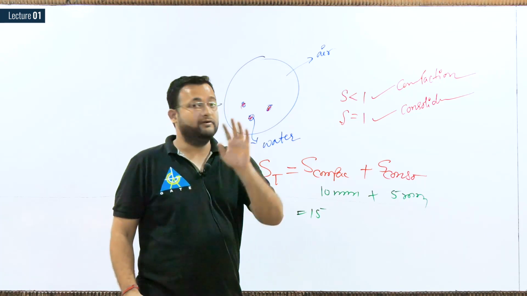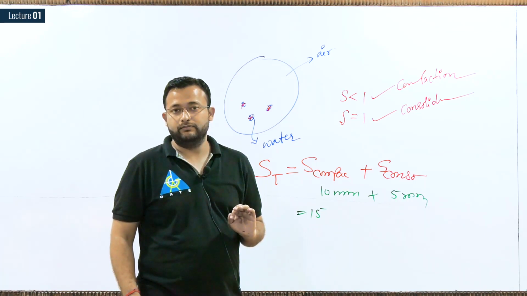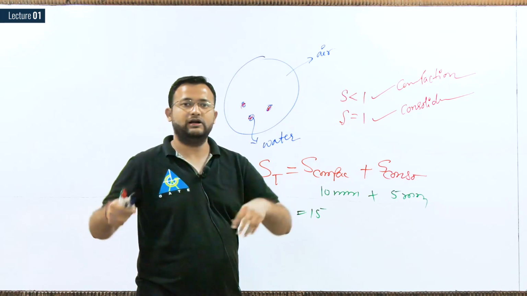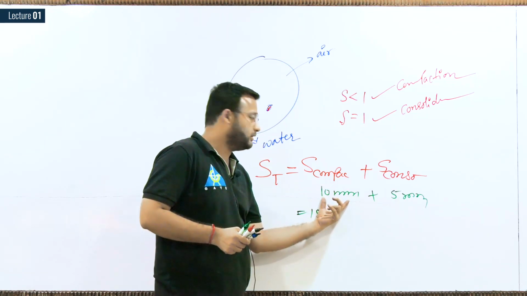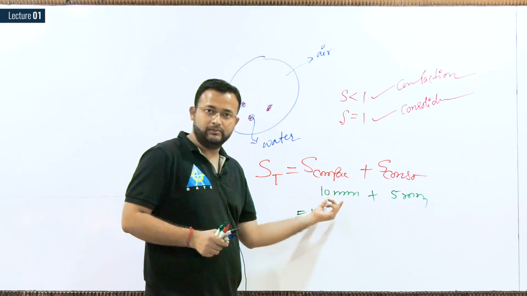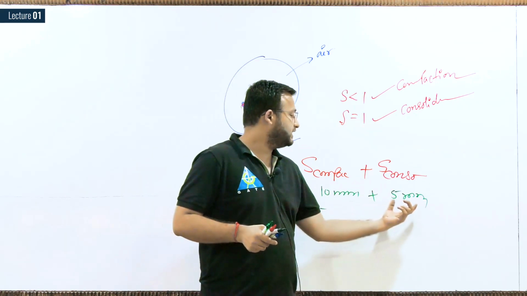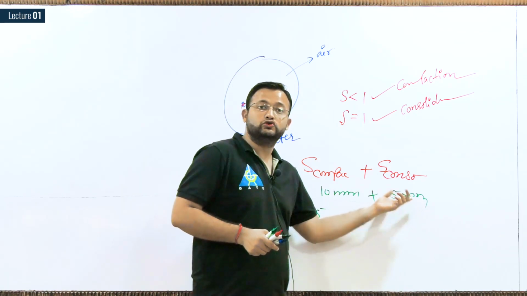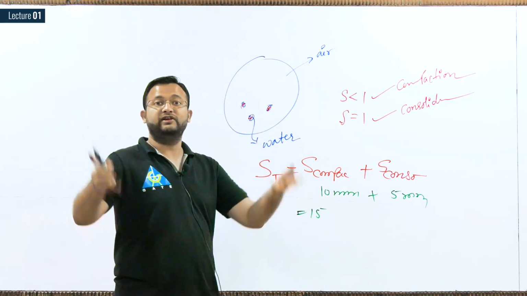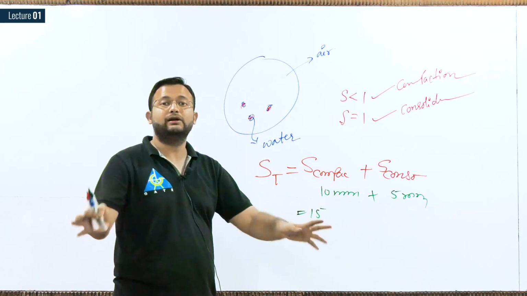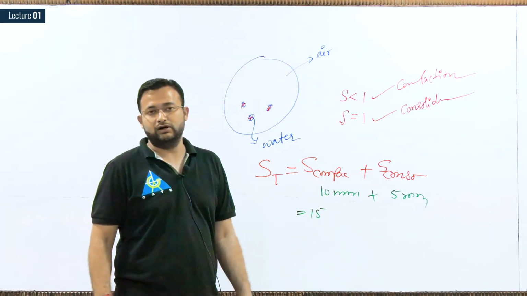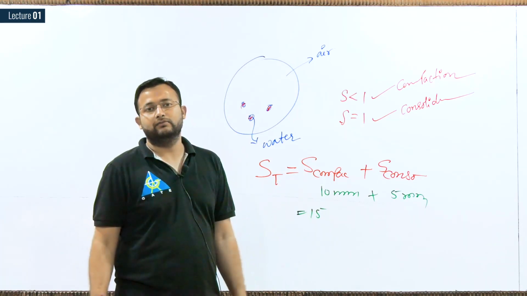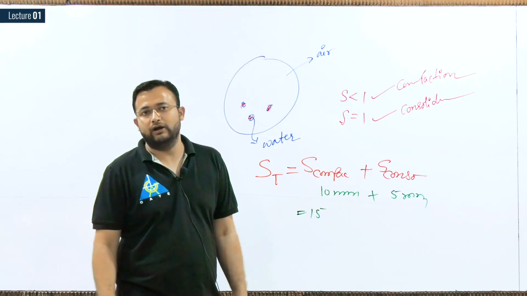But if you do not perform the compaction, you purchase one plot and directly construct your building, then your footing will be subjected to first the compaction settlement of 10 mm, then your footing will be subjected to consolidation of 5 mm. So your footing will be subjected to a total of 15 mm. This is a random value, but it is subjected to large settlement because of compaction also, because of consolidation also. Then the footing may fail, your structure may collapse.